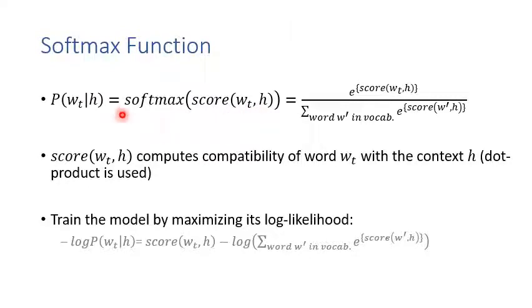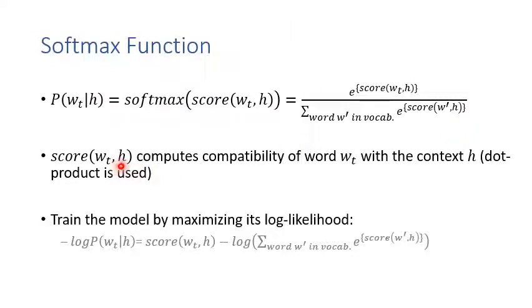Wt. Then we can normalize the score to make sure the sum of all output probabilities is equal to 1. So we iterate through all the words in the vocabulary and calculate the normalized score. This is the softmax function.